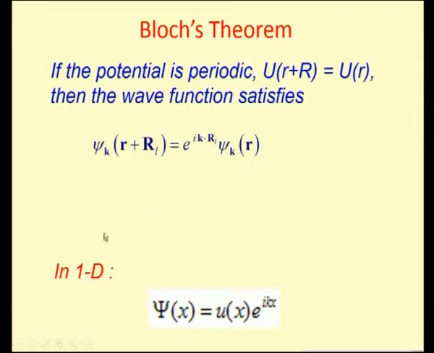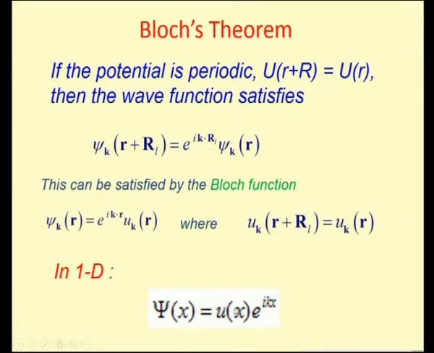In one dimension the same can be written as psi of x equal to u of x times e to the power i k x, and u of x is the so-called localized wave function within one well.